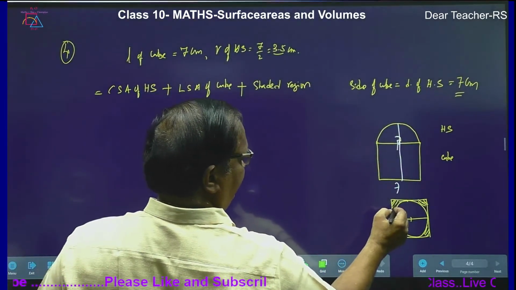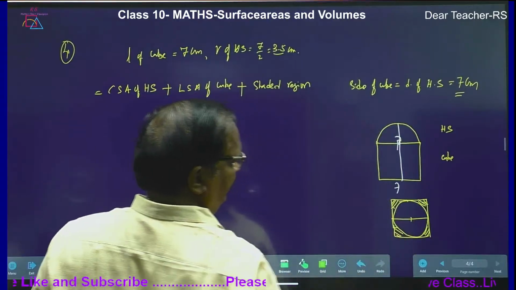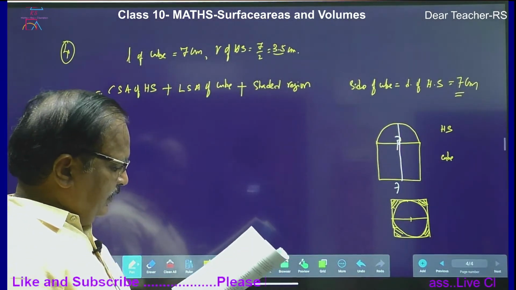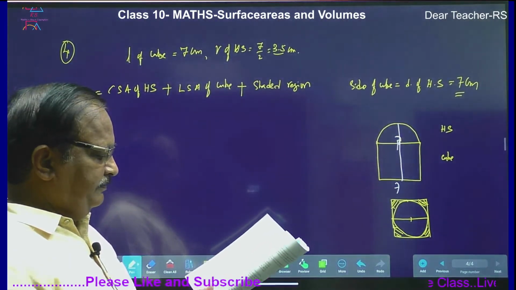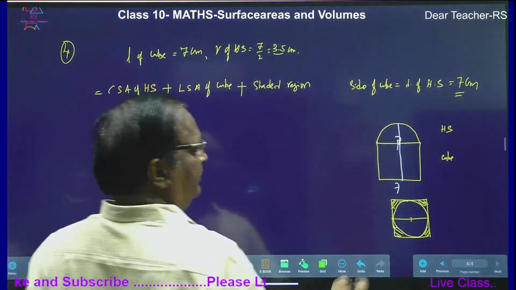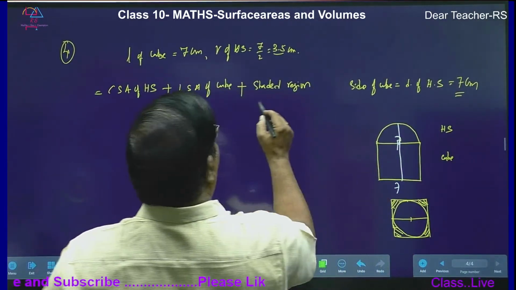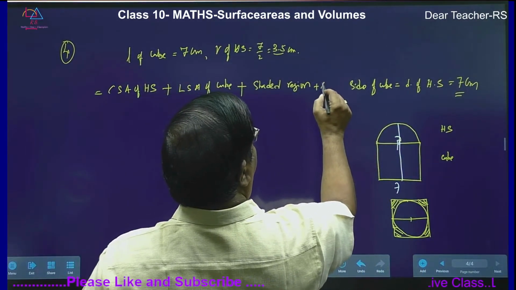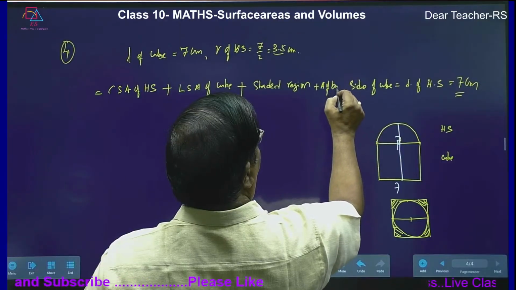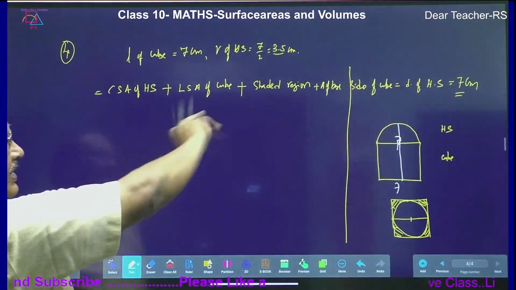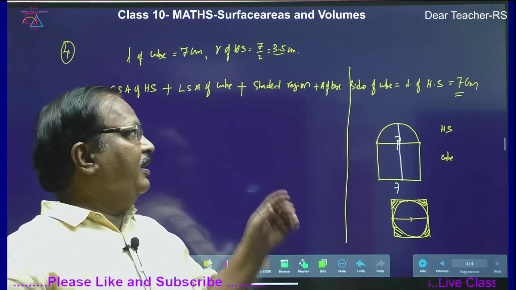This is also surface area only. Okay, so this is a block, cubical block. That means base also shall be included. So here area of base. This is the entire formula.